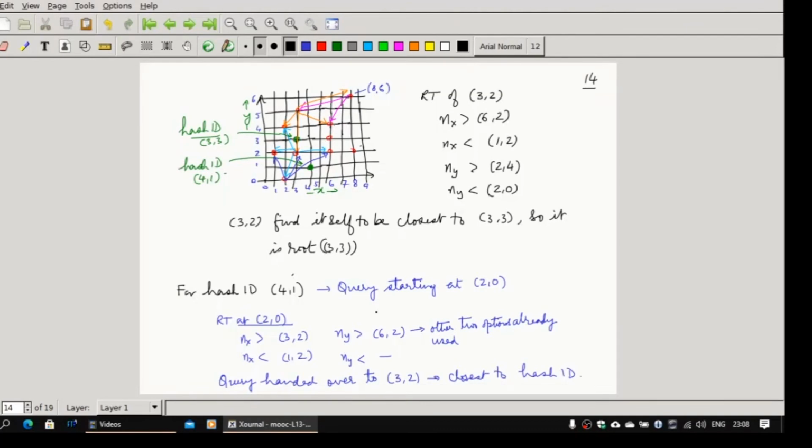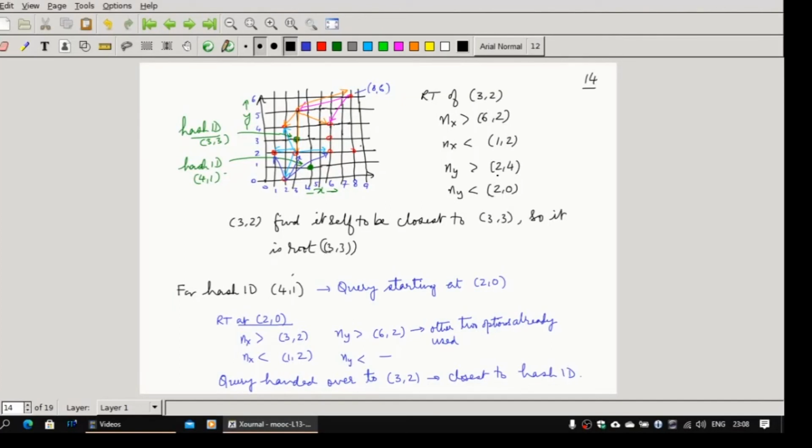For ny greater, the 2 options already there are occupied, so the next best option is 6,2. For ny less, there is no option. The query will be handed over straightforwardly to 3,2, which is of course the closest. Now 3,2 compares with all these 4 entries and finds that 4,1 is closest to itself. So 3,2 is the root node in this case.